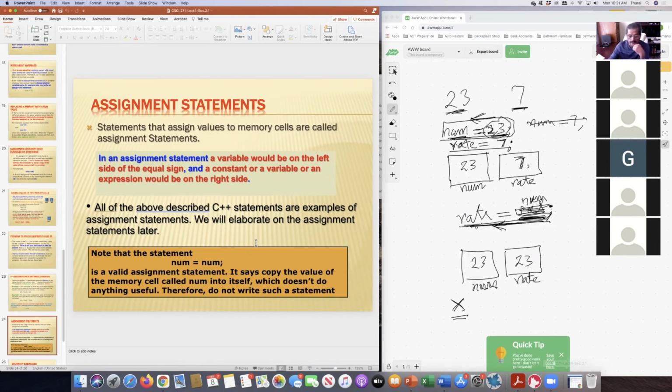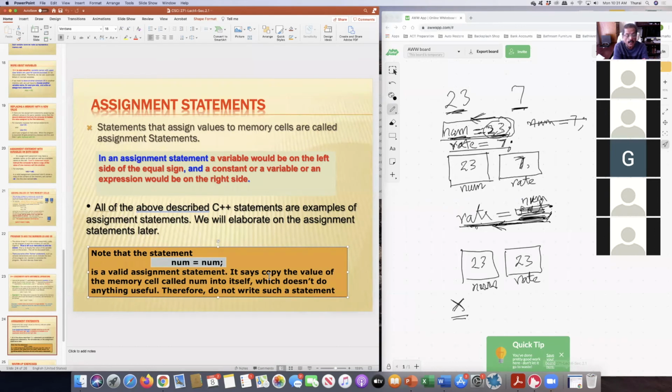Now, imagine this assignment, num equal to num. What does it do? It copies num into num. There's no purpose of that, right? It's a valid statement, but why would you write that? It's basically a dummy statement. It's not really achieving anything.